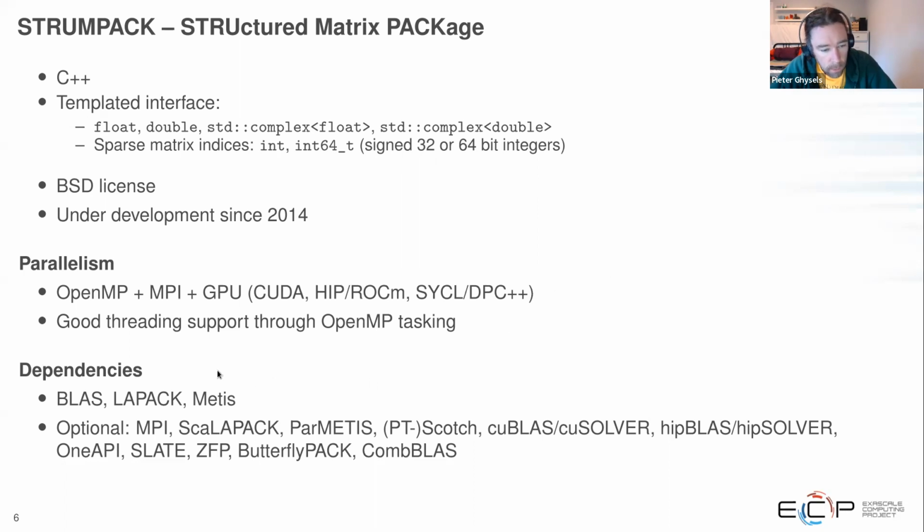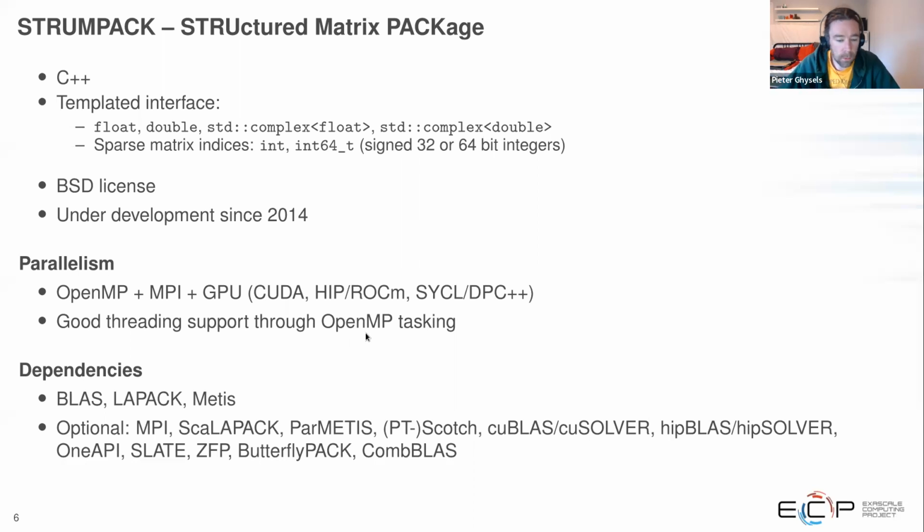For parallelism, we have OpenMP threading, MPI distributed memory parallelism, and now also the GPU capability through CUDA for NVIDIA, HIP and ROCm for AMD, and SYCL or DPC++ for Intel GPUs. We originally started with the OpenMP code and spent a lot of effort trying to get that to work well using OpenMP tasking.